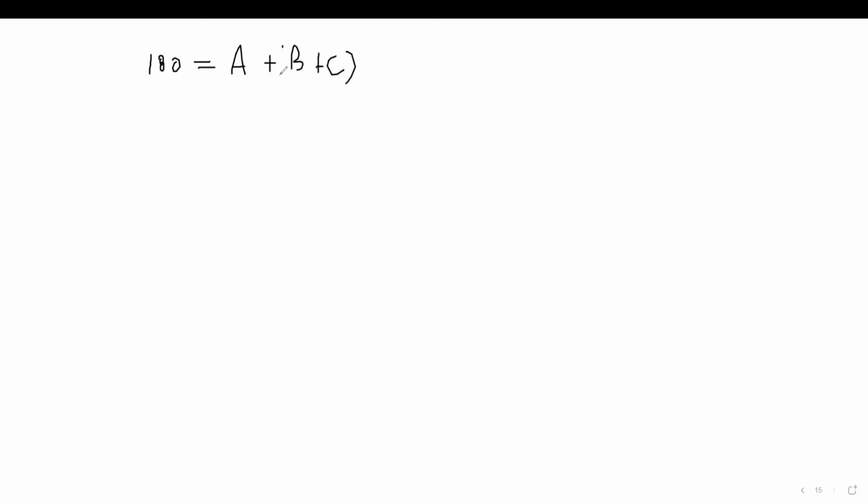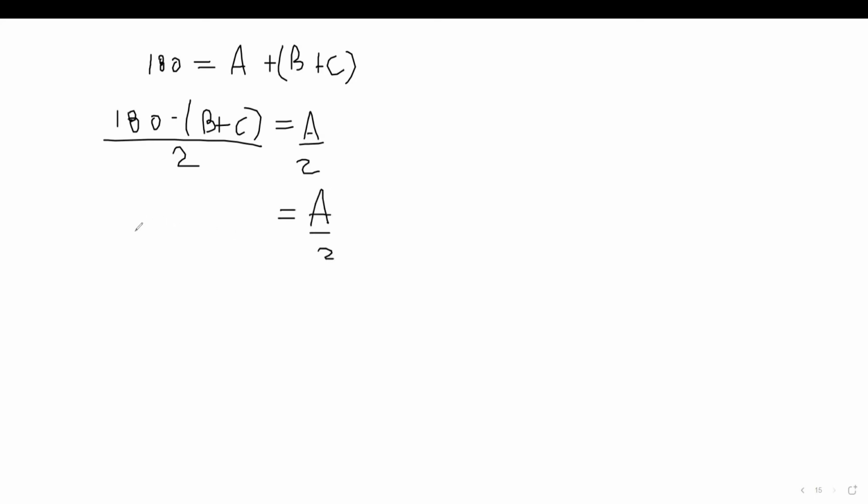If we subtract B plus C from both sides, we get 180 minus B plus C, which is equal to A. Dividing both sides by 2, the angle A over 2 is equal to 90 minus B plus C over 2.